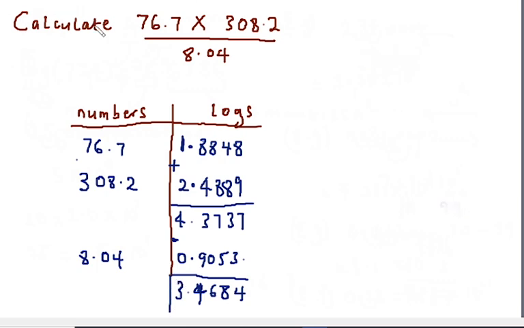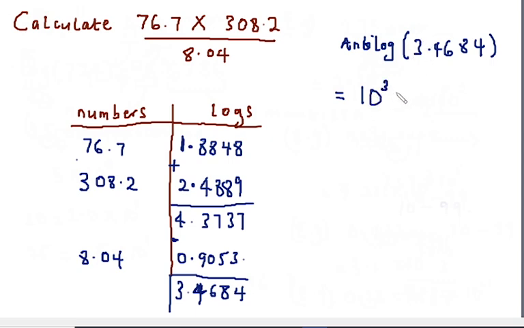So let's clean up space. So now that we've translated everything here to log and solved for the answer, we have to translate this back to a normal number. So to translate it back to a normal number, we have to take the antilog of our answer. So let's find the antilog of 3.4684. Now this antilog of 3.4684 is simply equal to 10 to the power of this characteristic here, which is 3.